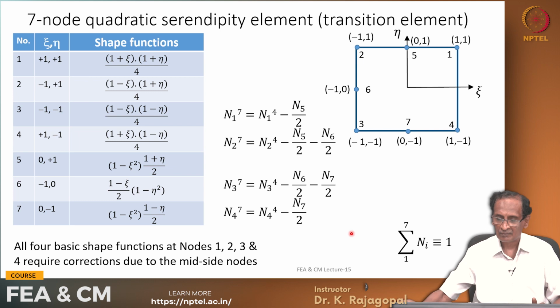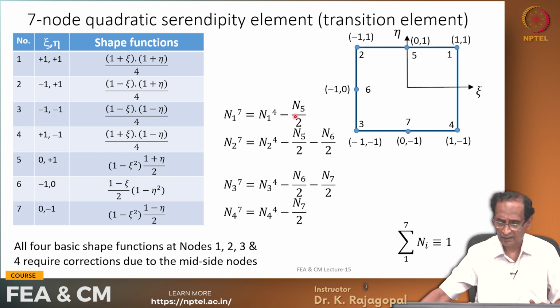Okay, and we can introduce the 7th node, and now our N1 is corrected because of N5, and N2 is corrected because of nodes 5 and 6, and N3 is corrected because of nodes 6 and 7, and N4 is corrected only because of 7.